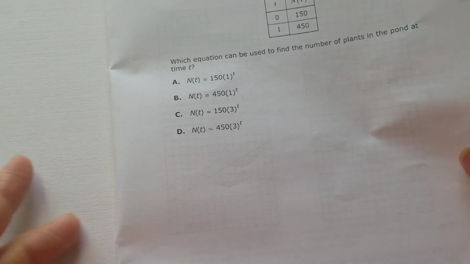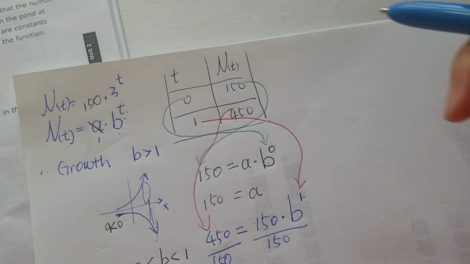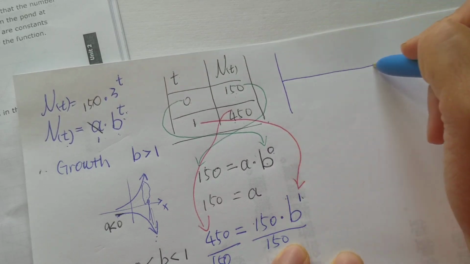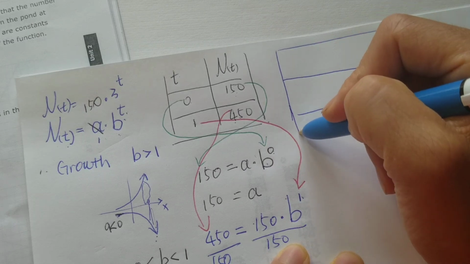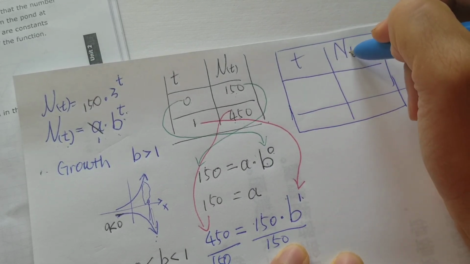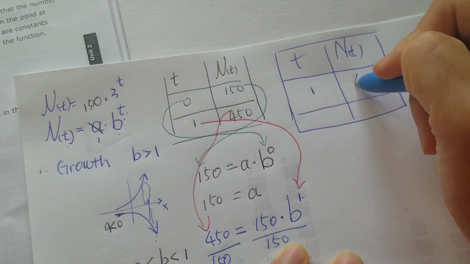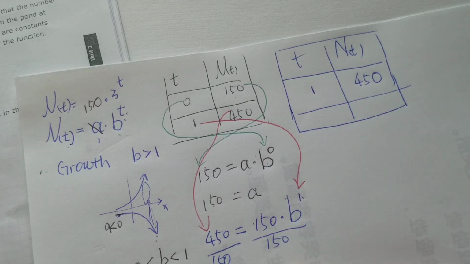Okay, now let me slightly change this given information. See, are you able to do it? If the given information changed to this table, with t equals 1 giving 450, and t equals 2 giving 1350, how do you do that?